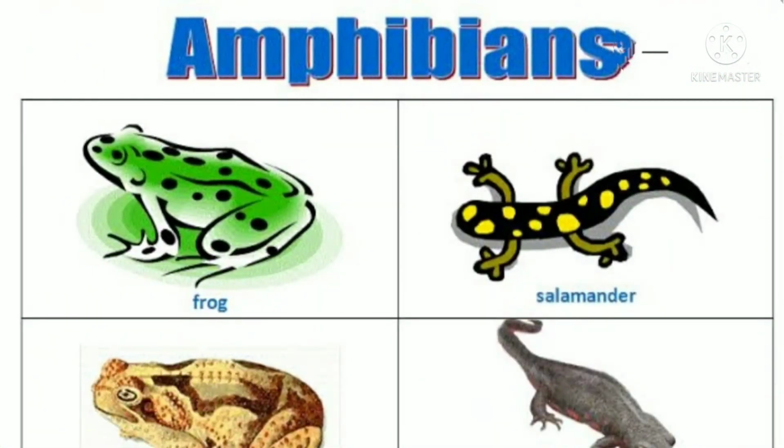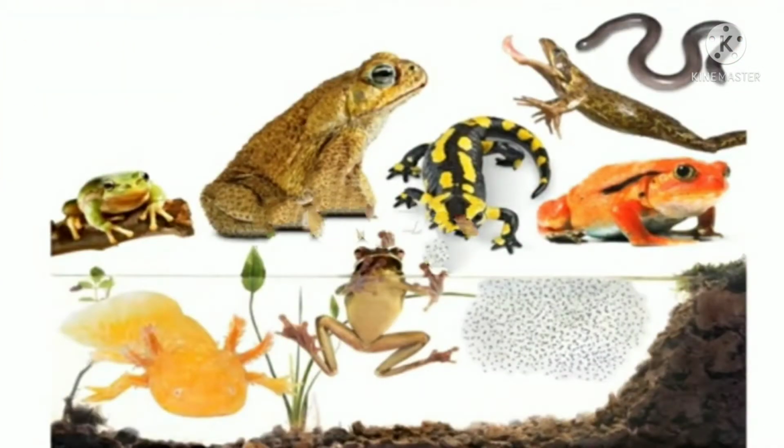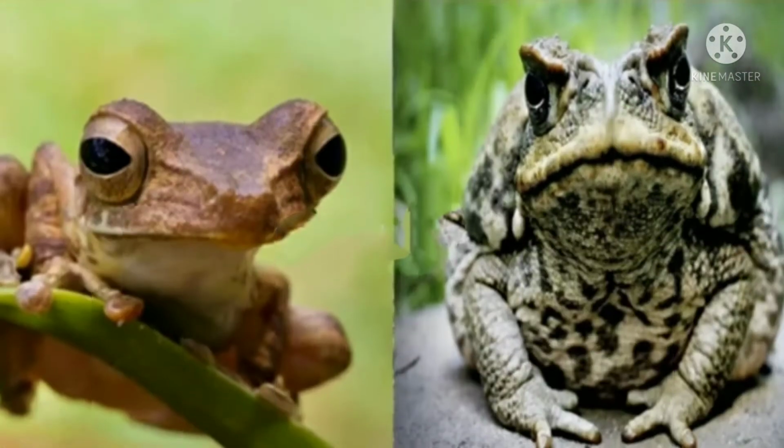Next, we can learn amphibians. What are amphibians? Animals that can live both on land and in water are called amphibians. Can you tell me some examples? Frogs and toads are amphibians, isn't it?